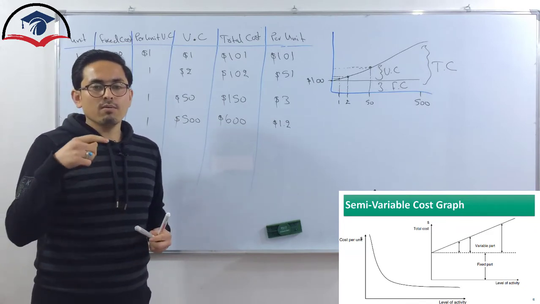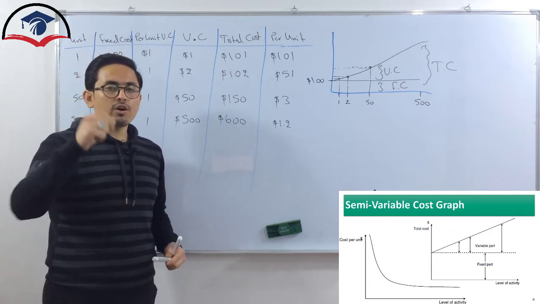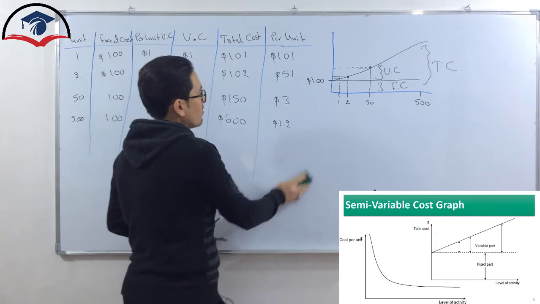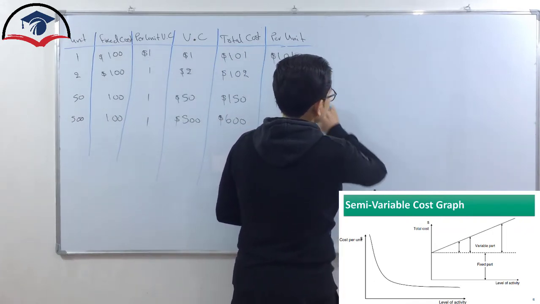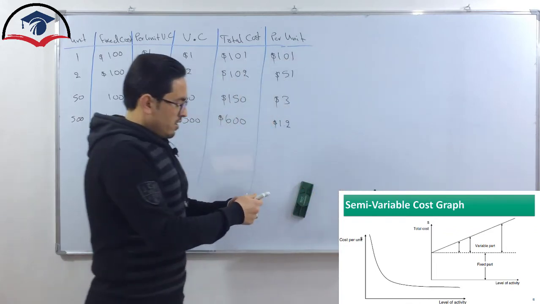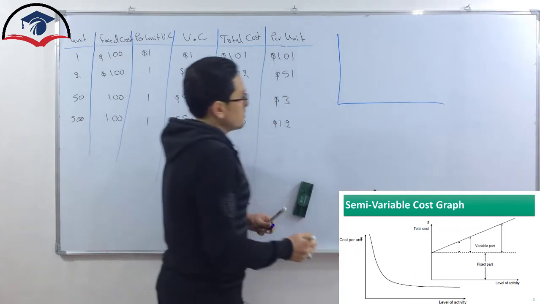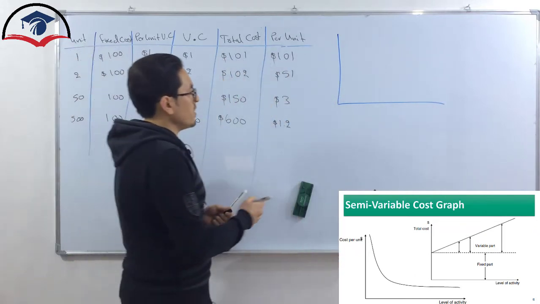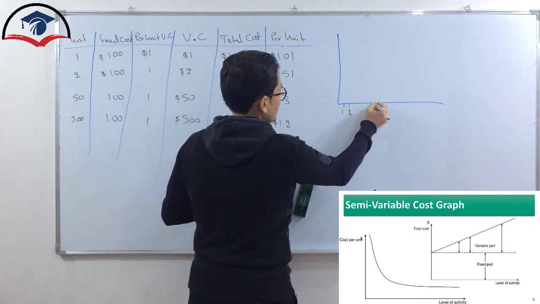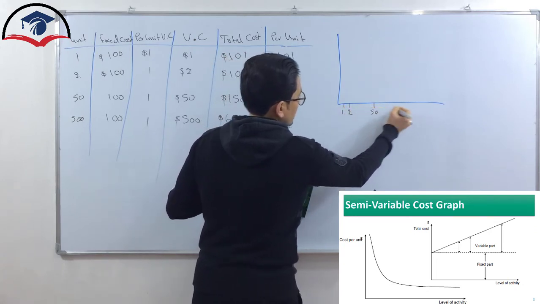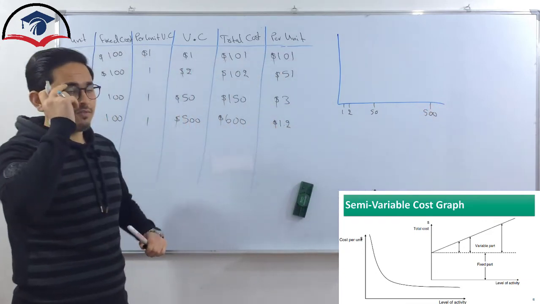As you can see from the bottom of the screen, we have the cost per unit as well. Let's work on that. What's the graph for that? This is it, my level of activity again, 1, 2 and 50 and 500. This is only an estimation, of course, maybe wrong.